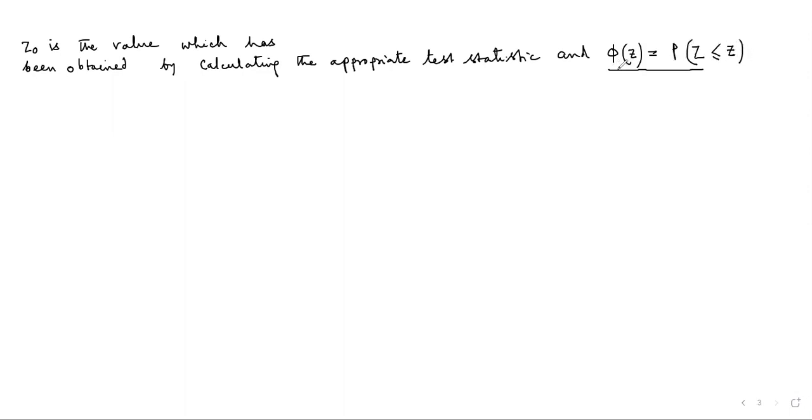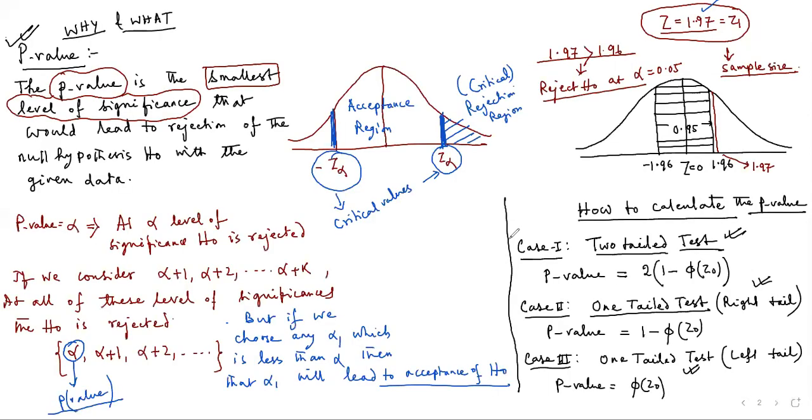So that is your phi z. With this knowledge of phi z, and the normal table that I have provided you in class note 8, we can calculate the p-value, which is the lowest level of significance, and that p-value will be calculated depending upon the type of test we are using.